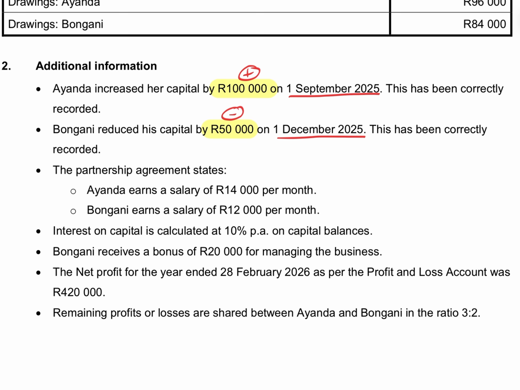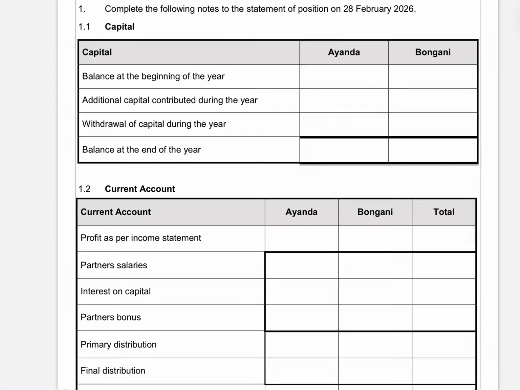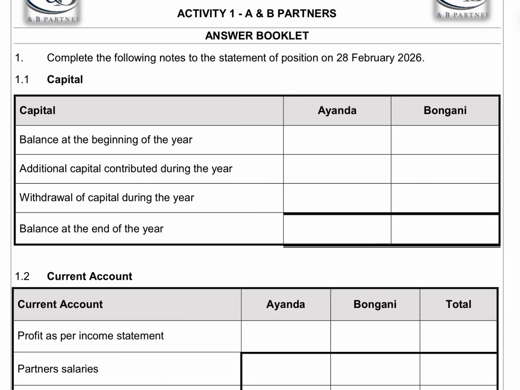Now to explain the note, this is the capital note. The capital note shows how each partner's capital moved from the beginning of the year to the end of the year. So you can say it shows movement in capital, and also it shows the balance at the beginning as well as the balance at the end.